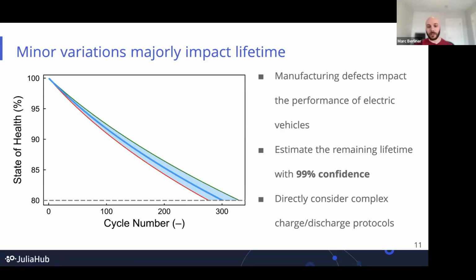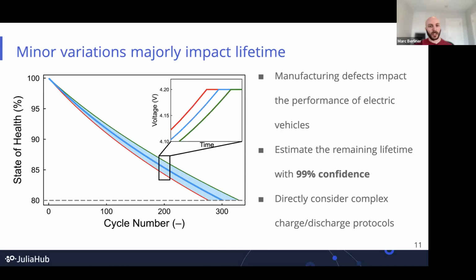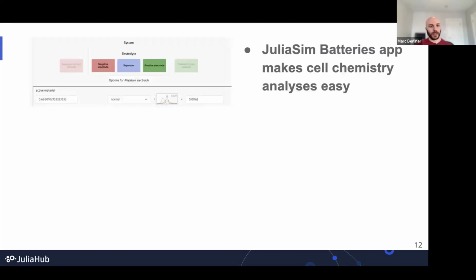And this allows you to make use of all the other tools that we have in JuliaSim Batteries, like these complex charge and discharge protocols. For example, here we're looking at, again, a fast charging CC-CV charging sequence. So with that, JuliaSim Batteries makes these analyses and comparisons of cell chemistries really easy.